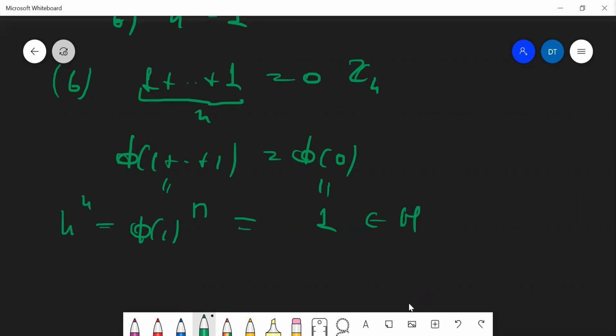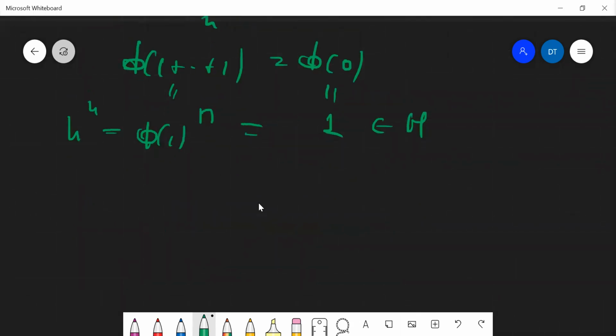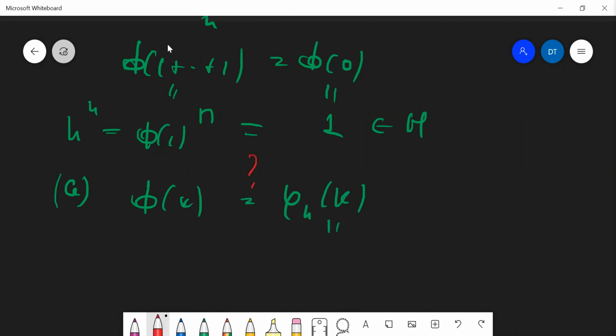So we have this restriction. And when we want to show that phi of k equals phi h of k, we just compute this by definition. The right-hand side is done in a similar way. So this is h to the k, and this is phi of 1 plus 1 plus 1, k times. So this is phi of 1 to the k, and by definition this is exactly the same. So now this completes the proof.